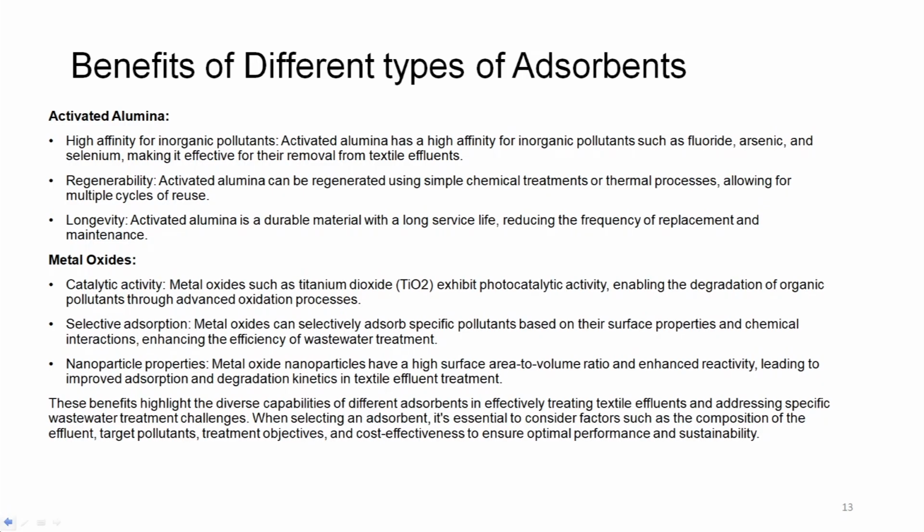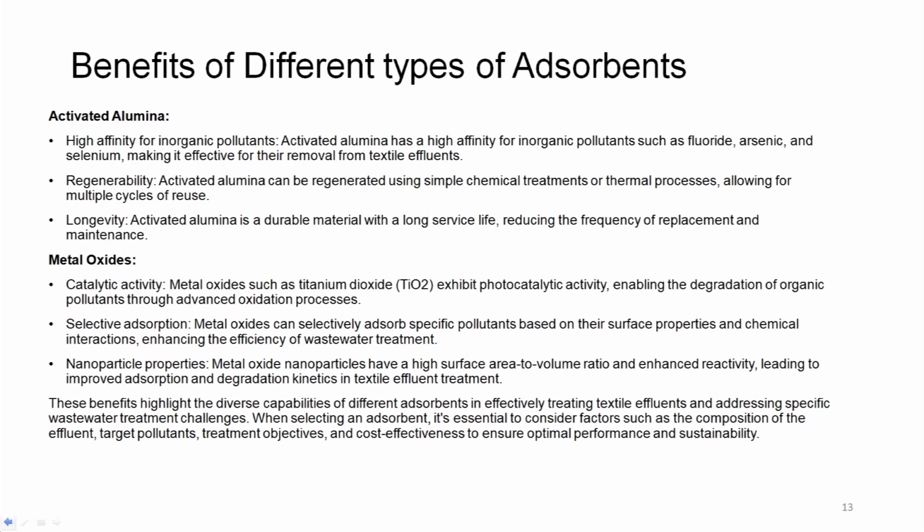Metal oxides can selectively adsorb specific pollutants based on their surface properties and chemical interactions, enhancing the efficiency of wastewater treatment. Nanoparticle properties. Metal oxide nanoparticles have a high surface area to volume ratio and enhanced reactivity, leading to improved adsorption and degradation kinetics in textile effluent treatment.